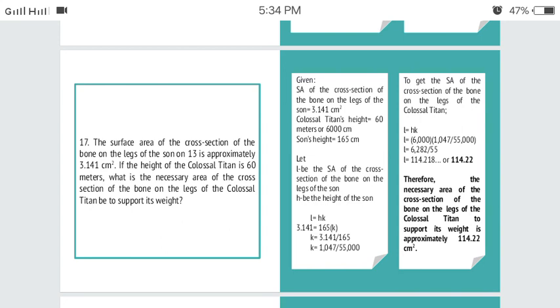To get the surface area of the cross section of the bone on the legs of the colossal titan, L is equal to HK, that is 6,000 times 1047 over 55,000, which is equal to 6,282 over 55, or 114.218, or 114.22. Therefore, the necessary area of the cross-section of the bone on the legs of the colossal titan to support its weight is approximately 114.22 centimeters squared.